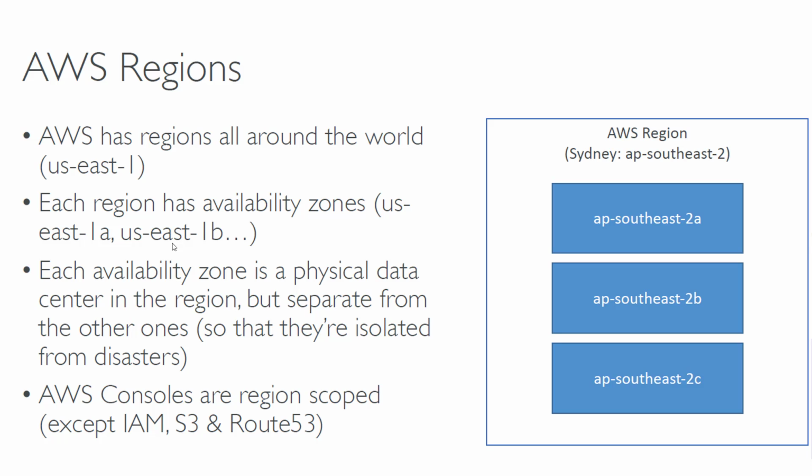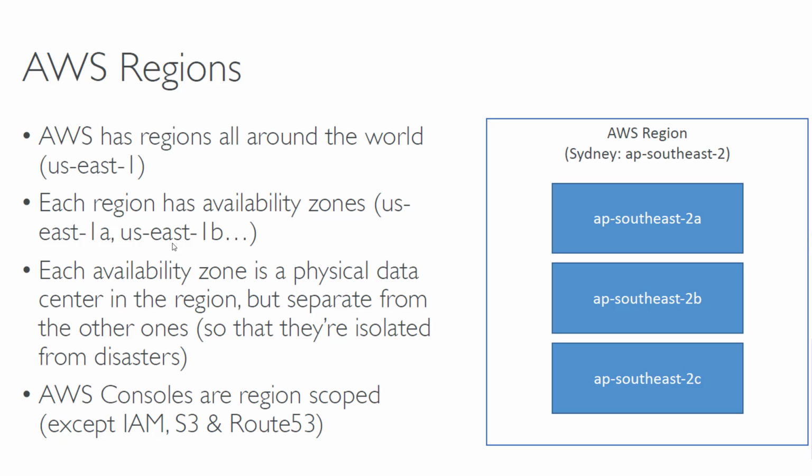So think of a huge data center somewhere in the world. All these availability zones are separate from one another because they want to be safe from disaster, which is the first rule of redundancy: all the data centers need to be separated from each other in a physical location.